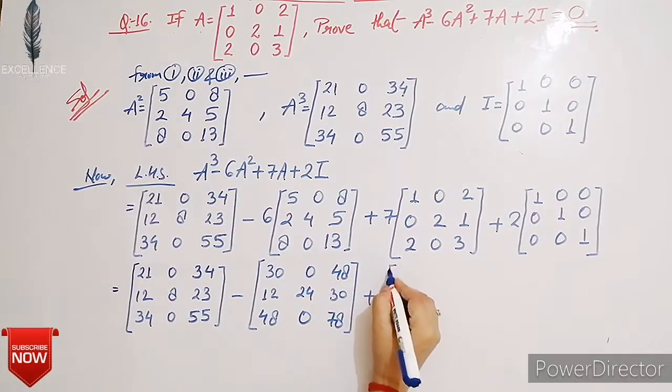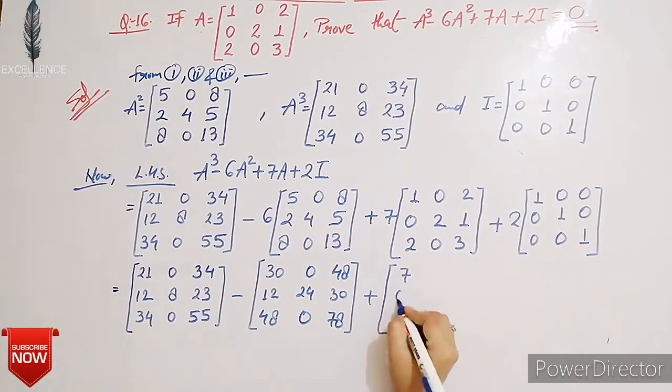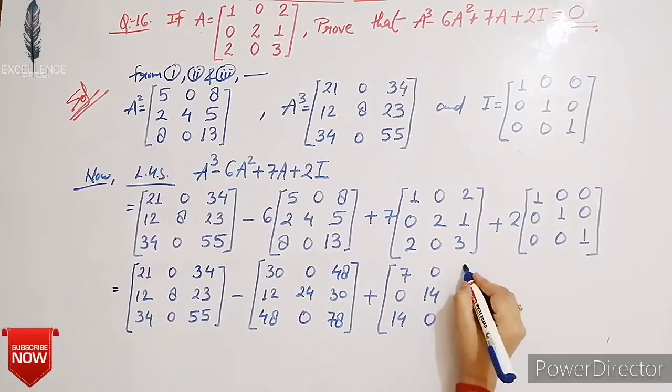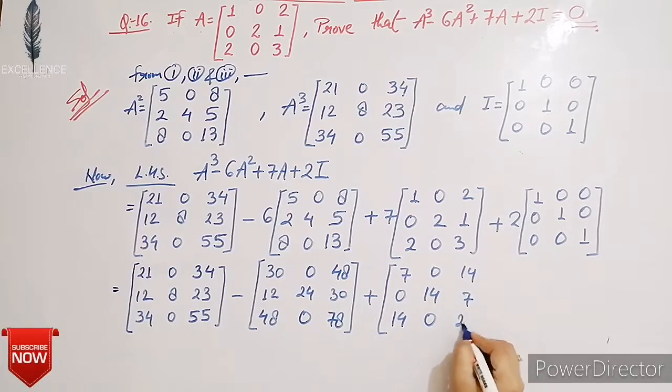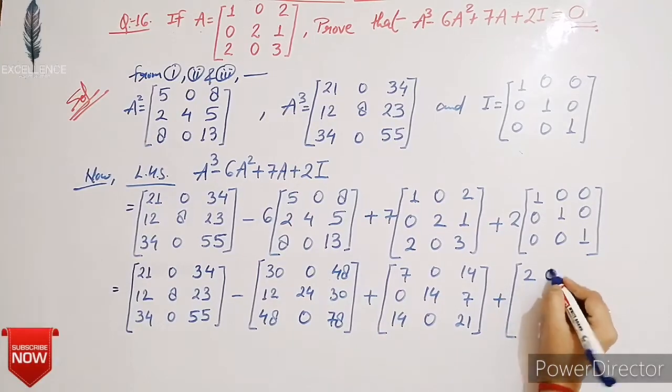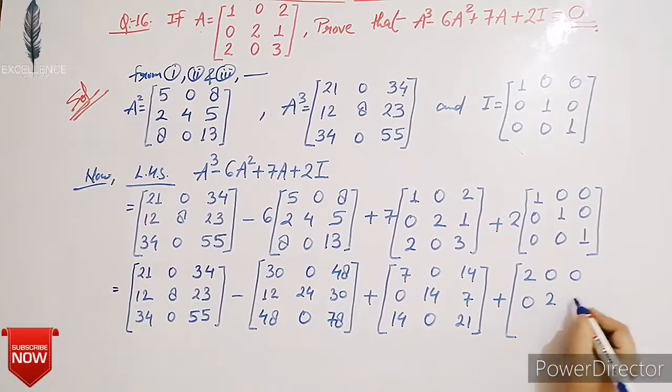Now it is multiplied by 7. So it is equal to 7, 0, 14, 0, 14, 0, 14, 7, 21, plus it is multiplied by 2, that is 2, 0, 0, 0, 2, 0, 0, 0, 2.